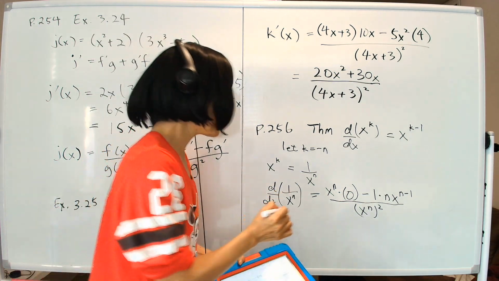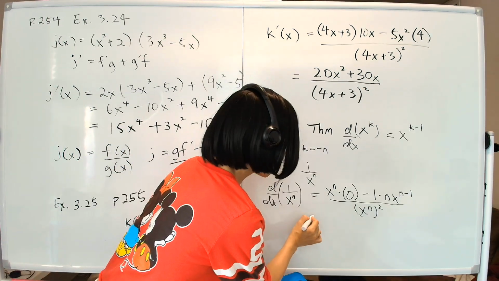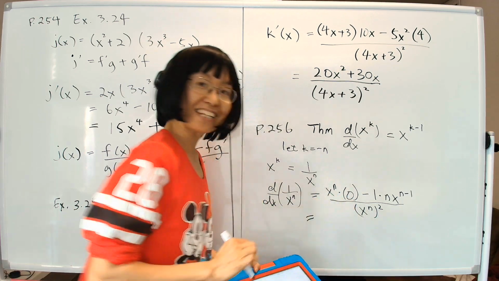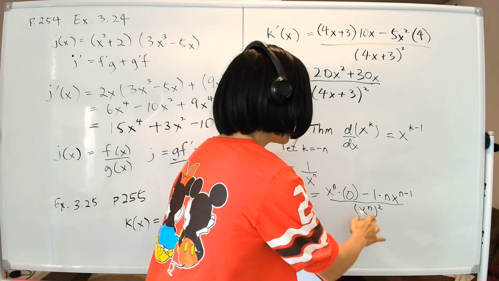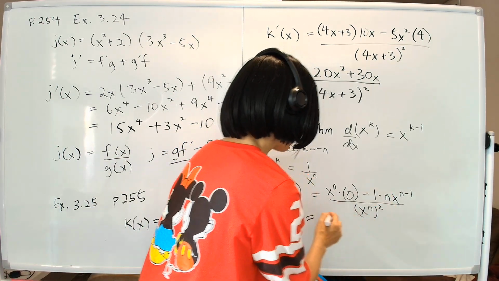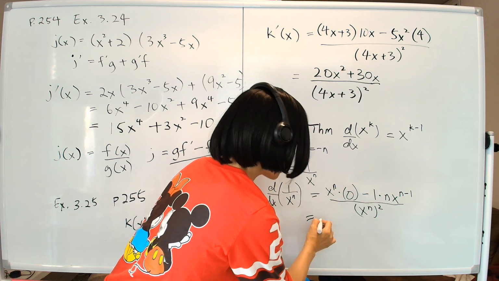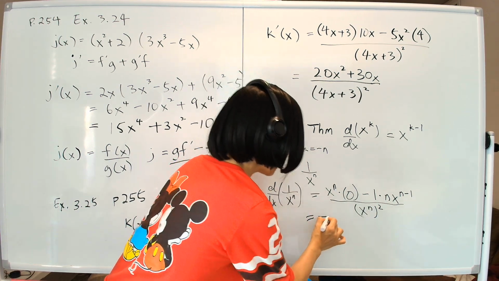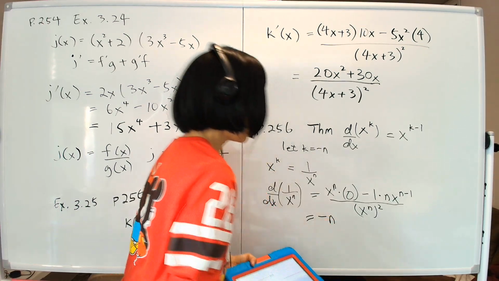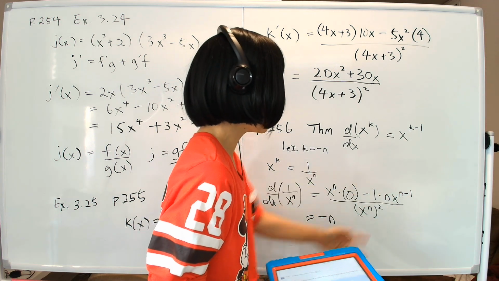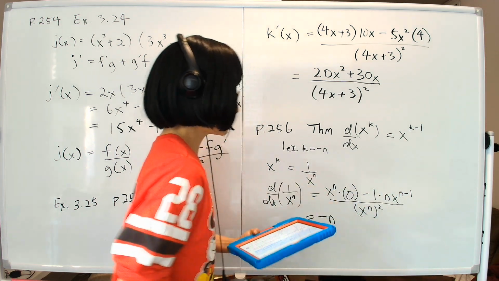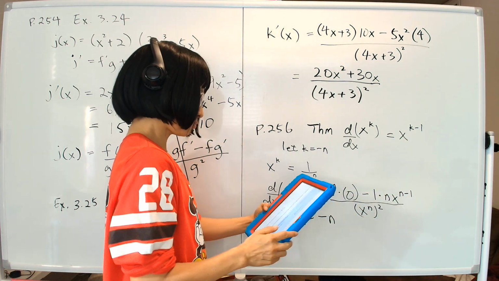Now we'll clean it up a little bit. That's 0, so that nicely disappeared. And so we have a negative sign, which we cannot get rid of. And then we have the n. And then there's x to the n minus 1. And then x^n squared.